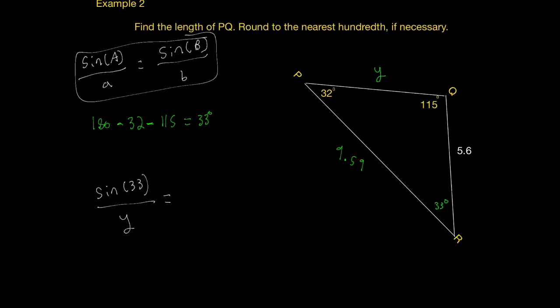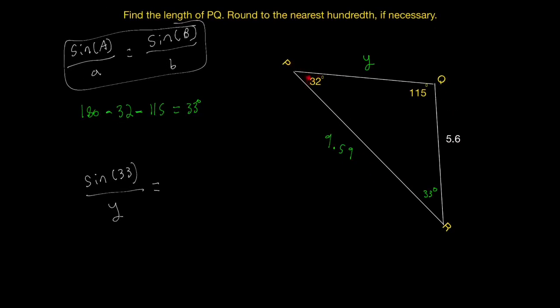Since we know this side, we can set it equal to the sine of 115 over 9.59, or we can set it equal to the sine of 32 over the length of 5.6. So let me write both of them down, beginning with this one, sine of 32 over 5.6. This one right there.